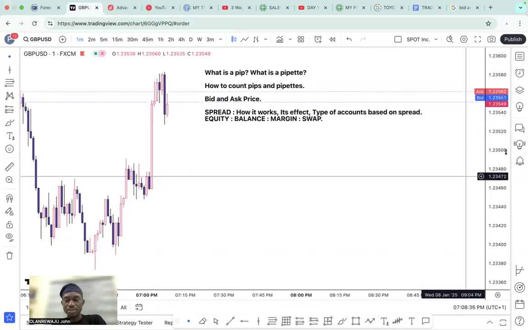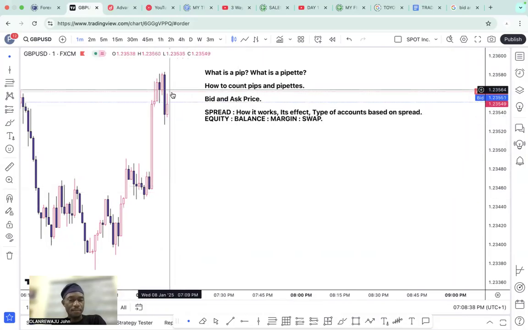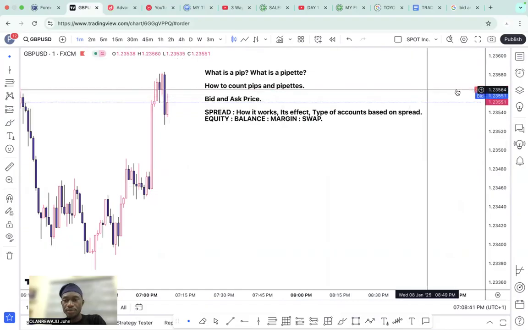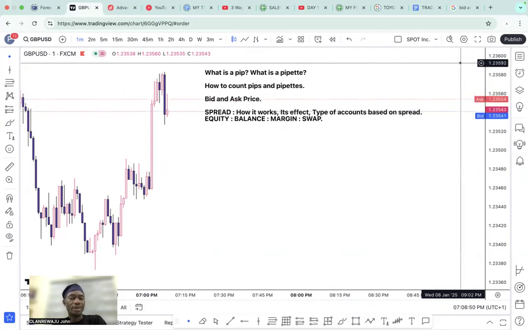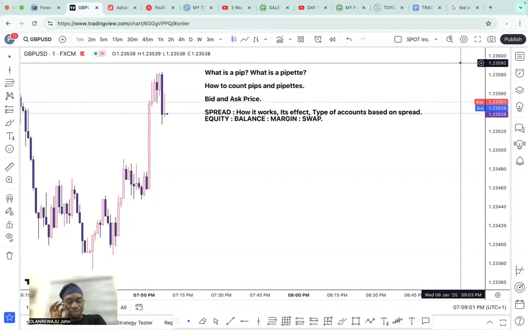But the most important thing to take note of is that when you are buying, your market order will be filled at the ask price, but your trade will not be in profit until this price, the one below, goes above your entry. So that is why, if you've practiced trading before, you observe that the moment you first open a position, it is usually in negative first before it then maybe goes in blue, if it goes your way or not.